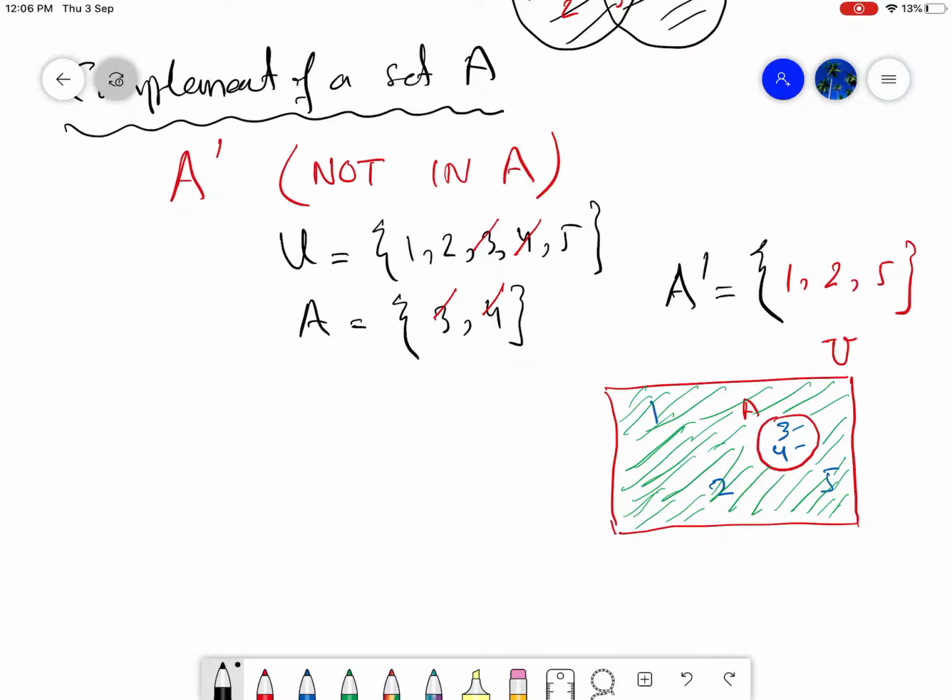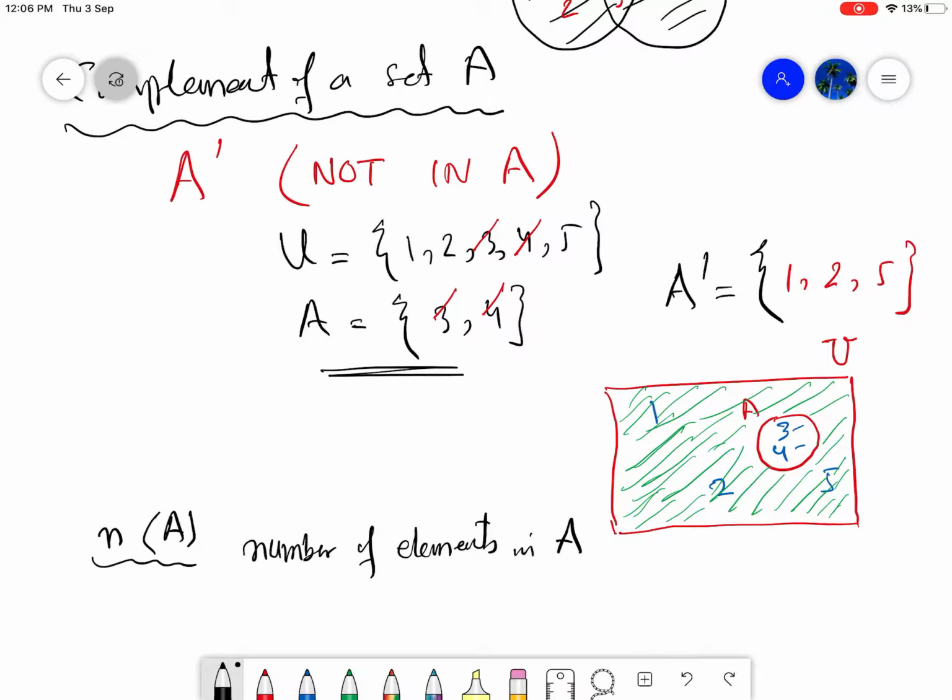All right. And one more definition here is N of a set A. It means number of elements in set A. So for example, here in this case, A has 2 elements.